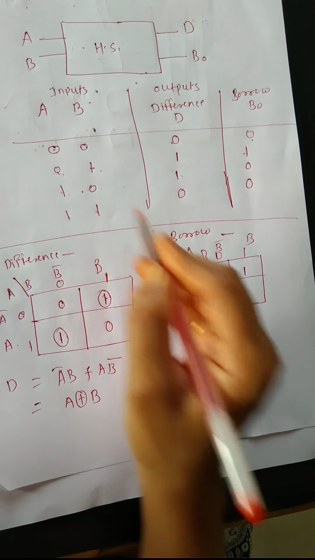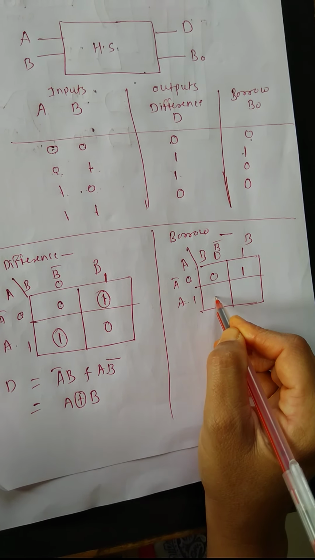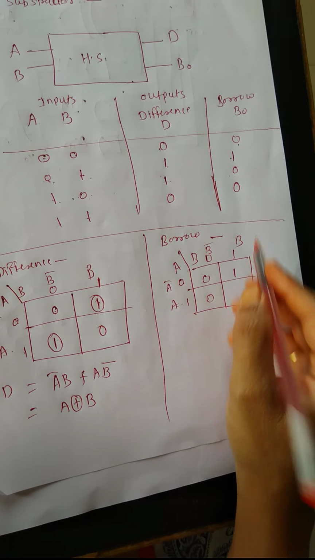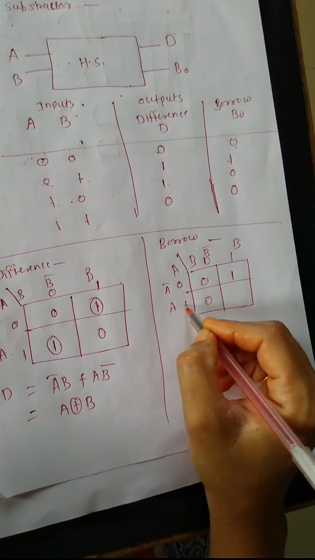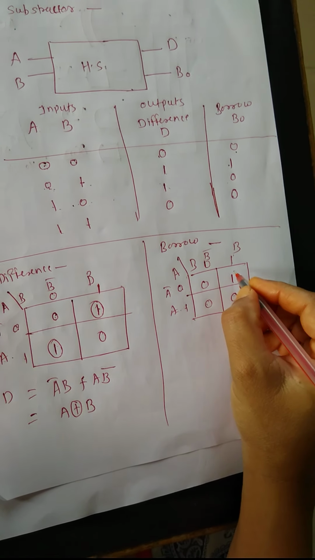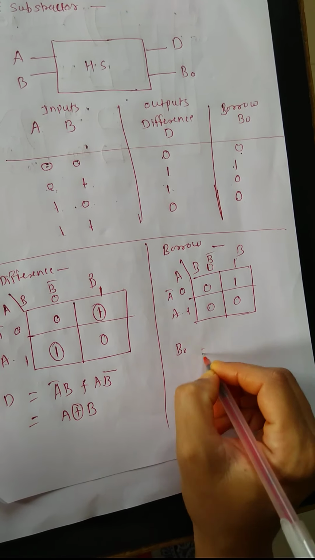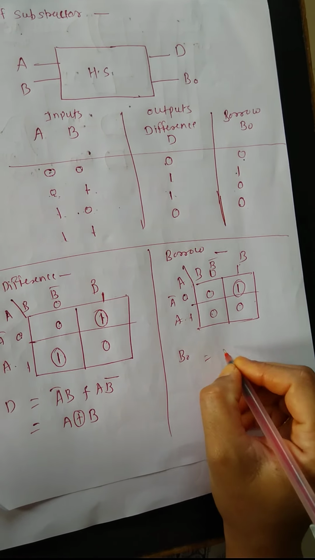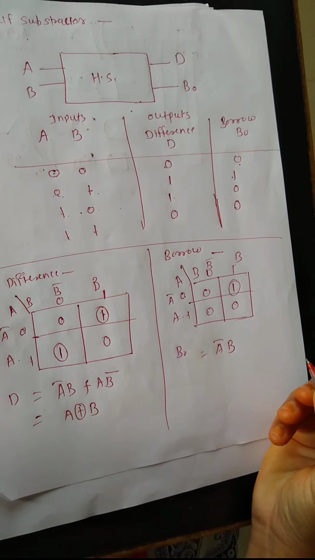A1, B0, borrow is 0, so here 0. A1, B1, borrow is 0, so here 0. The equation for borrow is a single group, so the equation is A bar B.